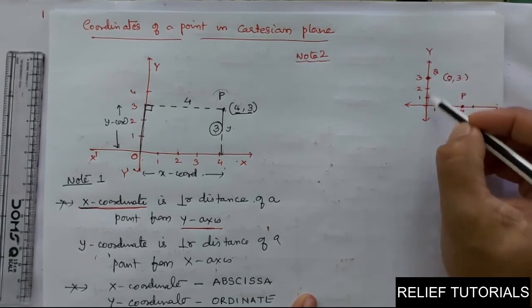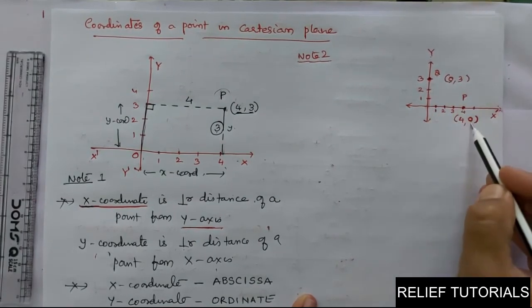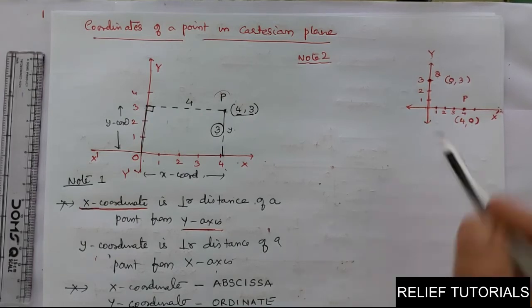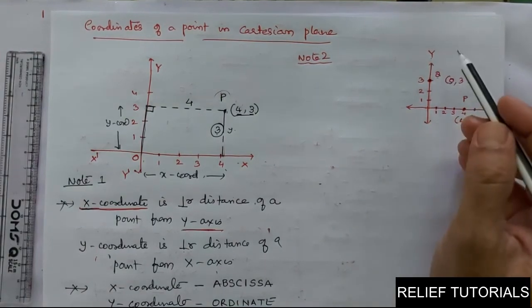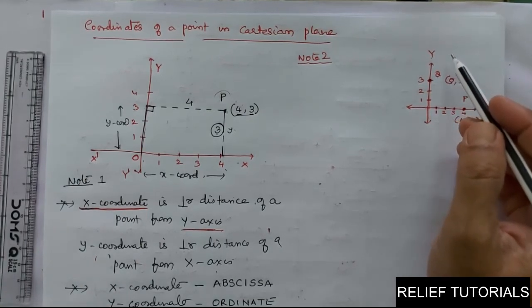So for all points on the y-axis, the x coordinate is 0. For all points on the x-axis, the y coordinate is 0. Always opposite.